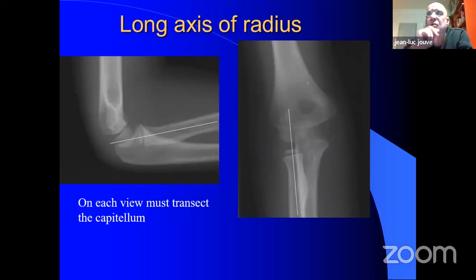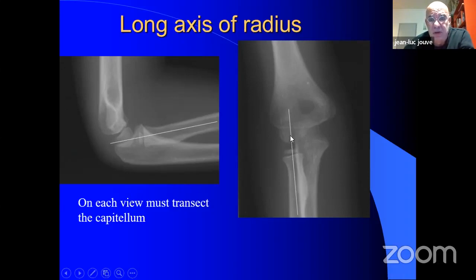There are many axes and angles to know on the radius, but today the most important axis to know is the long axis of the radius. As I told you yesterday, remember that the long axis of the radius must cut the capitellum, the lateral condyle, in the middle third, as on this sagittal X-ray, but also as on this coronal X-ray.